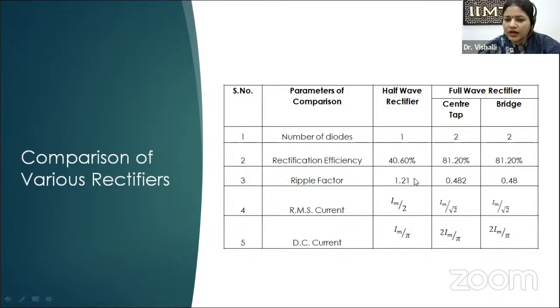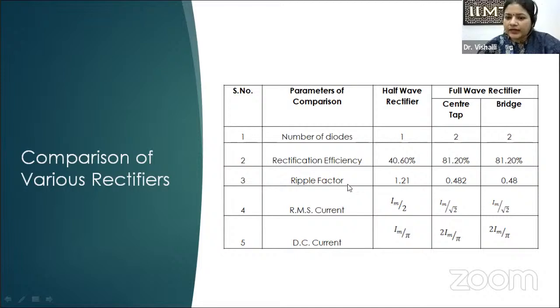In the half wave rectifier, the AC component present was 1.21, but in this case it is reduced to 0.482. So this is the value of the ripple factor. It is smaller than 1.